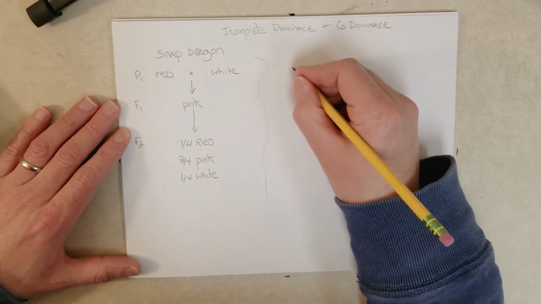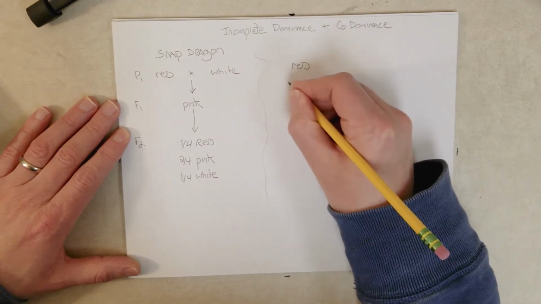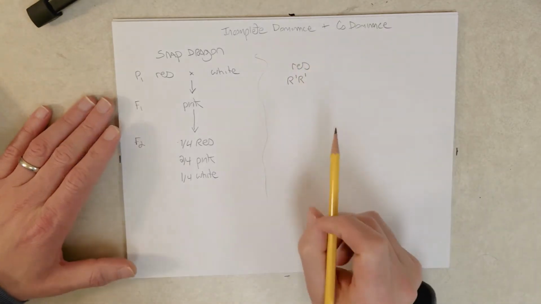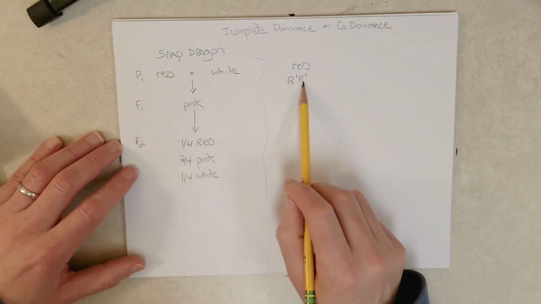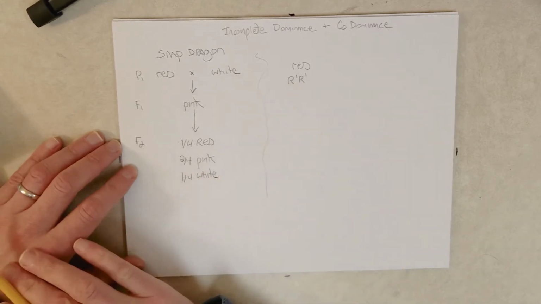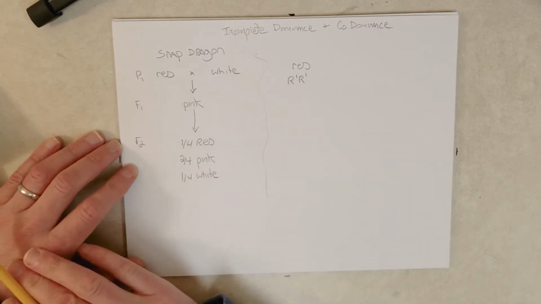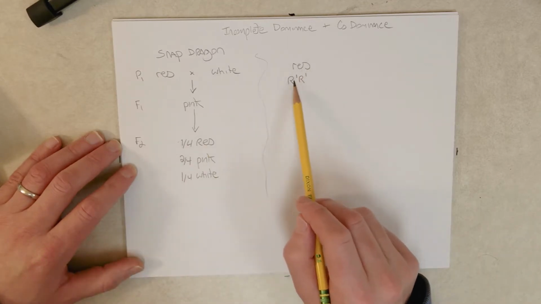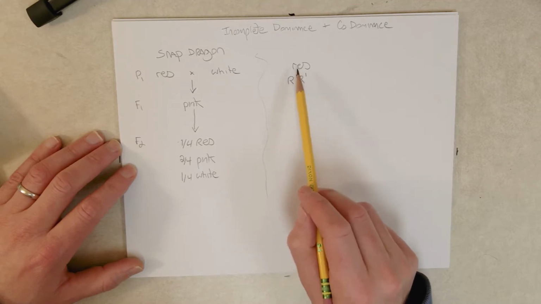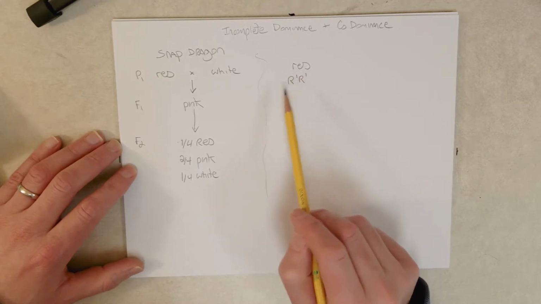Now, the red plants have two alleles, are homozygous for this R1 allele. This is a little different notation than we have seen in the past, but we're going to do R superscript 1 for the allele that causes the red phenotype when it's in the homozygous condition.